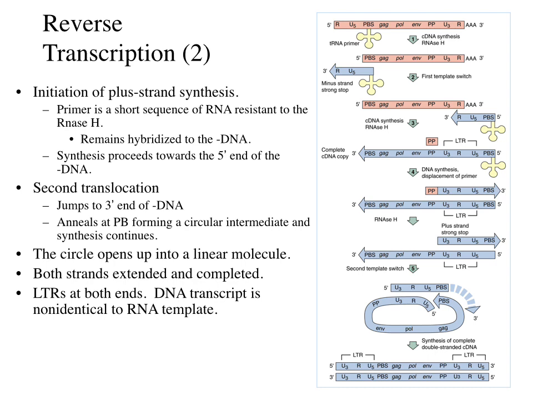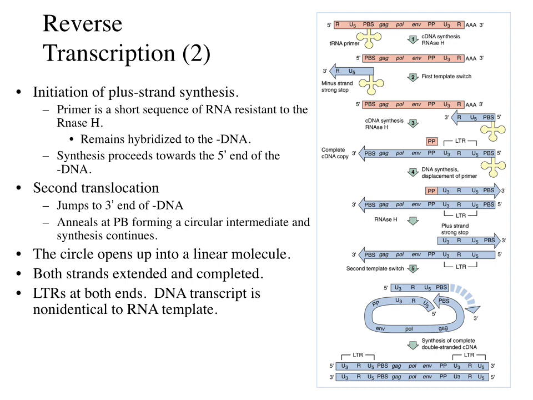Okay, so let's continue on. Remember the PPTs, the polypurine tracts that are immediately adjacent to the U3. Well, it turns out that the PPTs are relatively resistant to RNase H. So they're not digested when the rest of the RNA template is.